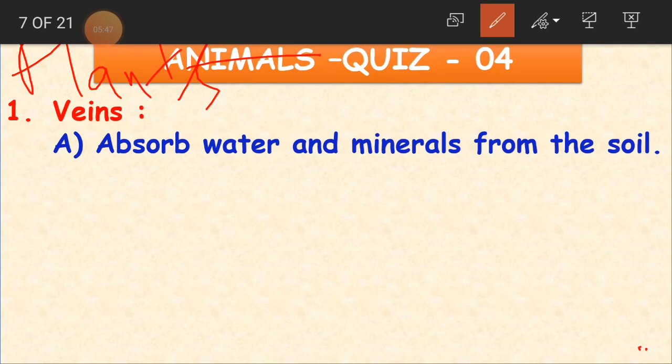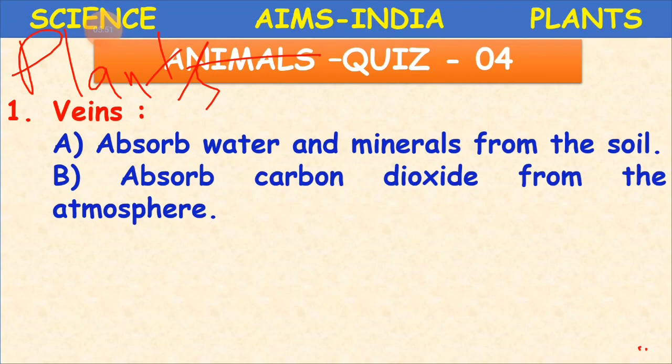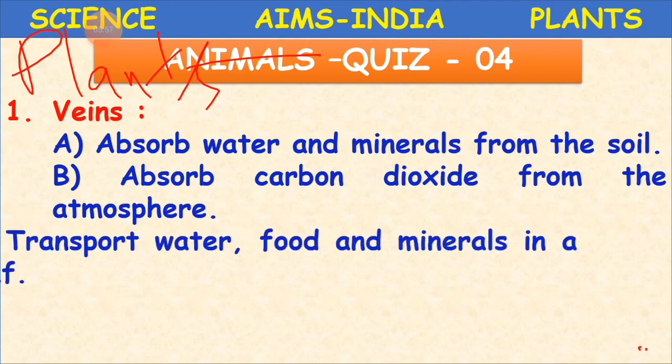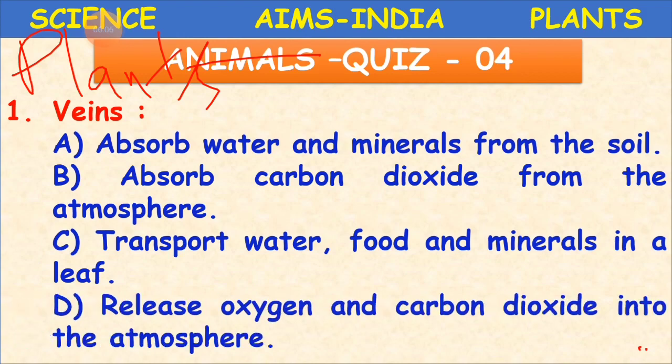Veins. What are veins? A option, absorb water and minerals from the soil. B option, absorb carbon dioxide from the atmosphere. C option, transport water, food and minerals in a leaf. D option, release oxygen and carbon dioxide into the atmosphere.